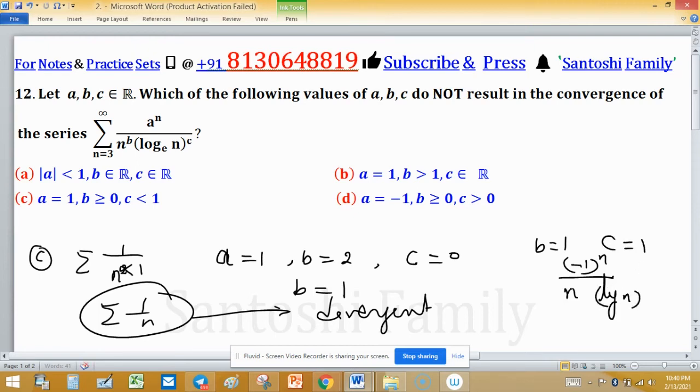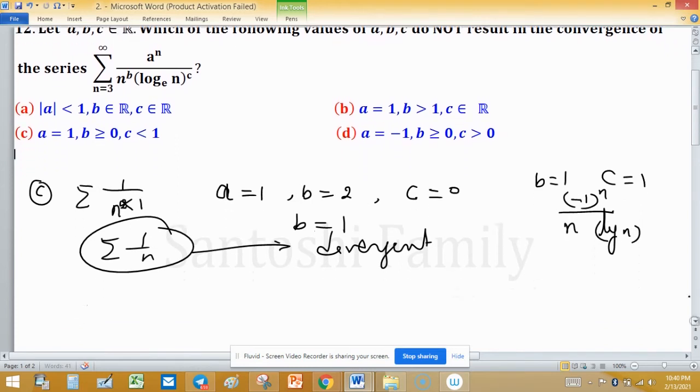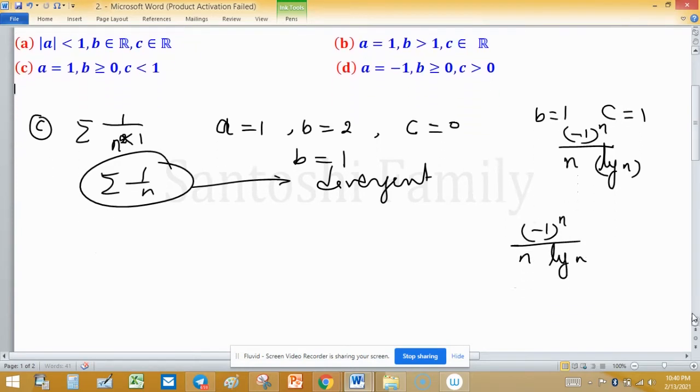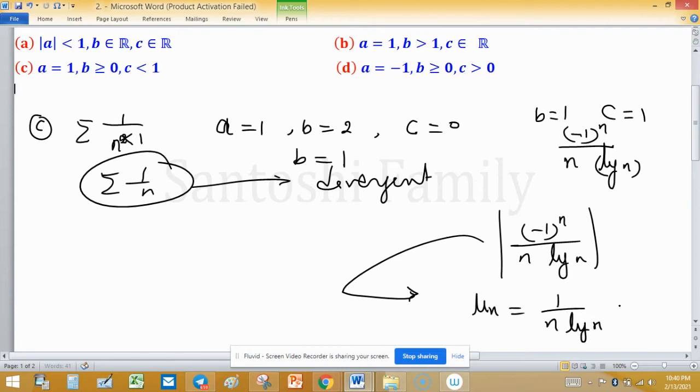So this is the alternating series -1 raised to the power n over n log n. After making terms positive, it will convert into a positive term series, and the nth term of this positive term series will be 1 upon n log n.